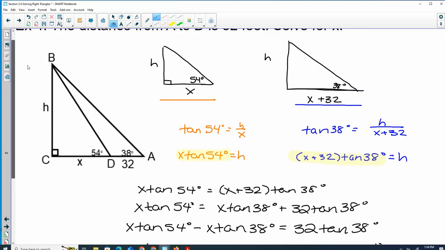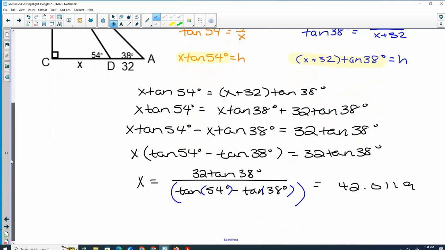We had 2 significant digits in the problem, so if we round this to 2 significant digits, it's 42. What questions do you have there?